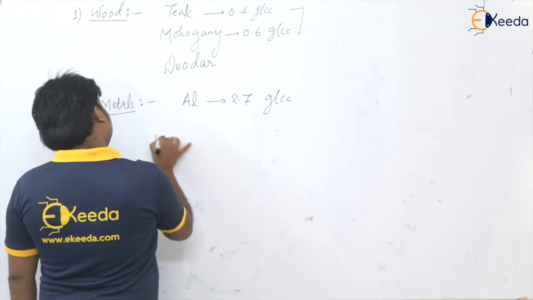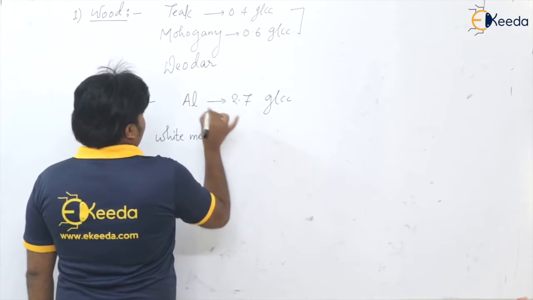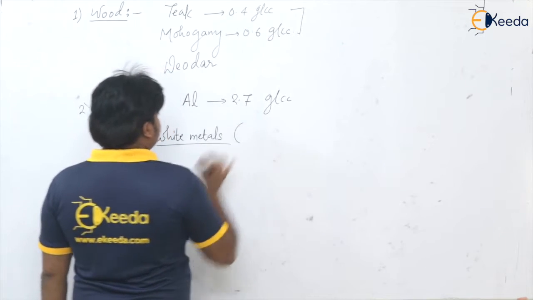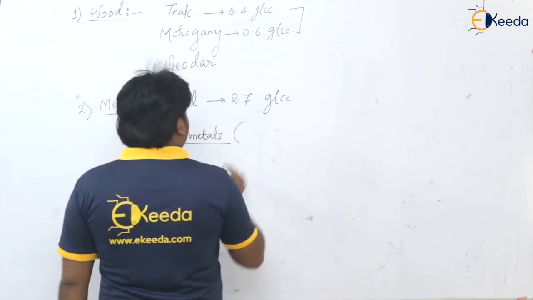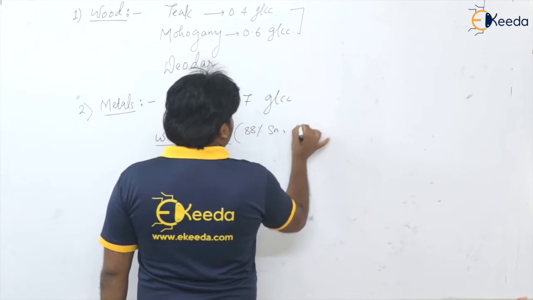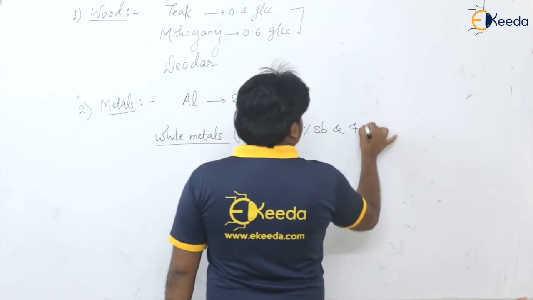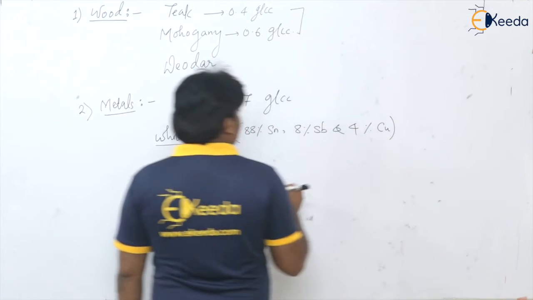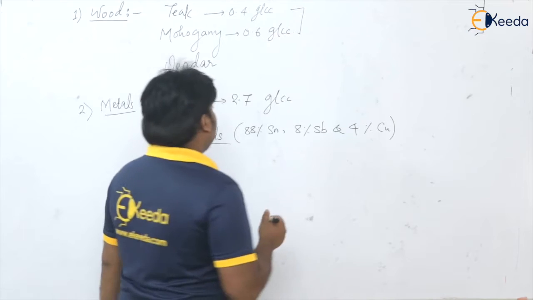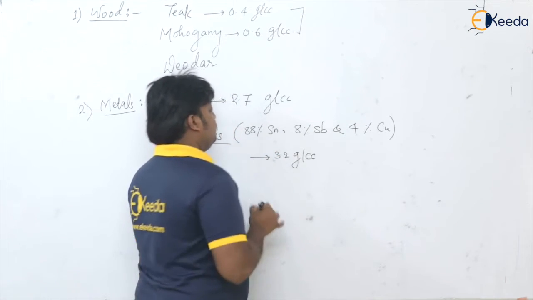Then we can also use white metals, also known as babbitts, which have a composition of 88% tin, 8% antimony and 4% copper. This is one of the compositions of white metals, having a density of 3.2 grams per cc.